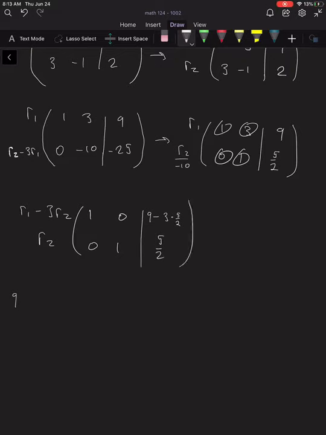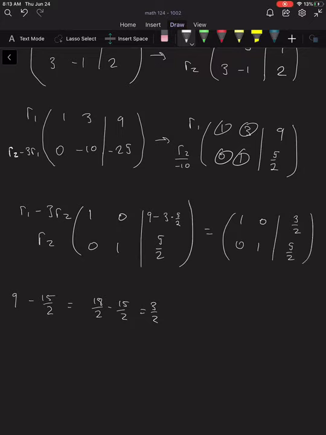So what does that equal? That's going to be 9 minus 15 over 2, which is 18 over 2 minus 15 over 2, which is just equal to 3 over 2. So what this ends up becoming is 1, 0, 0, 1, 3 over 2, 5 over 2.